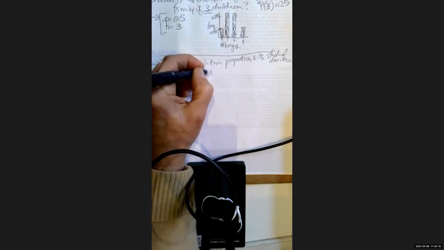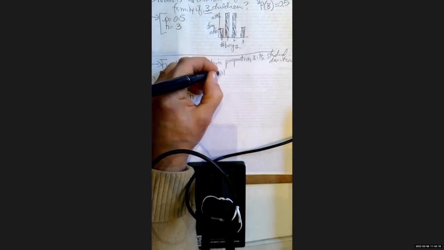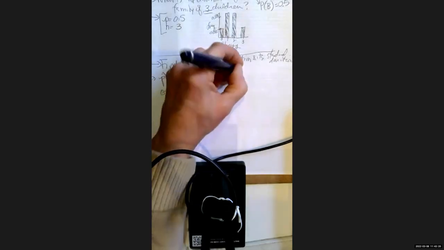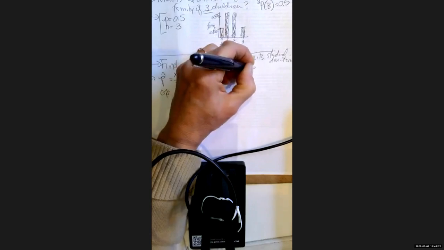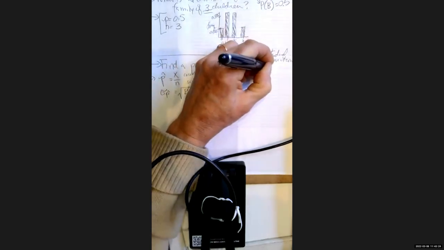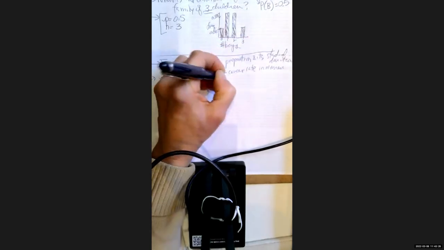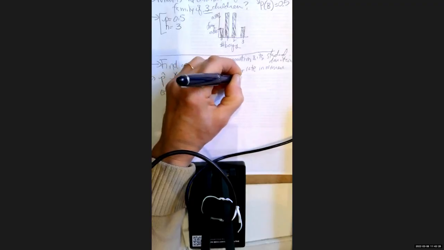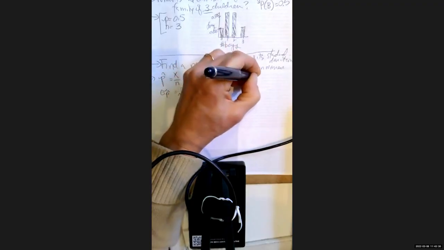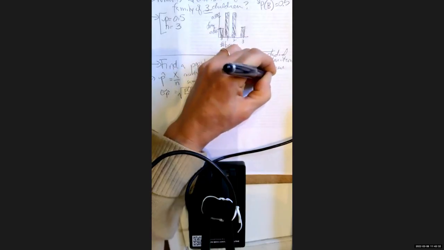All right, so suppose we have some data on the breast cancer rate in women in Ireland, age 60 to 65.